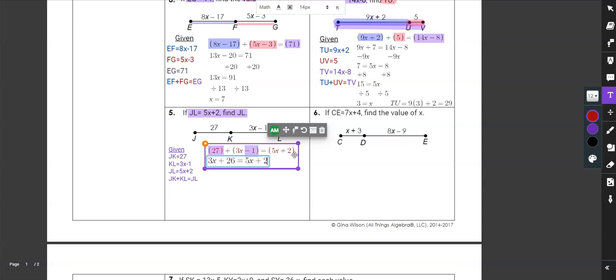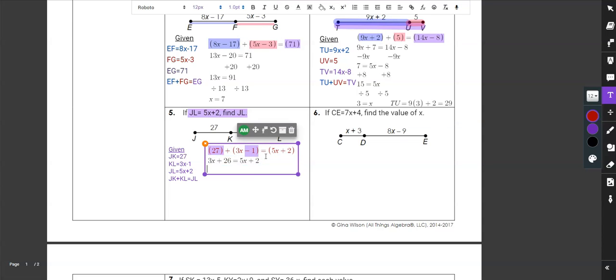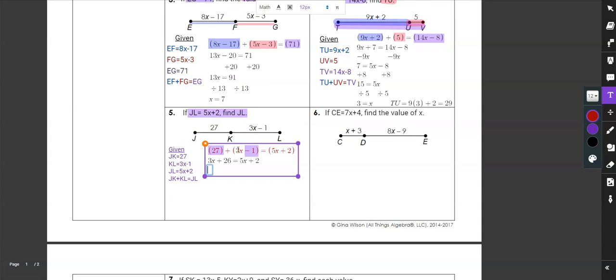And then let's go ahead and continue on. All right, so now I need to choose which of my next steps I'm going to do. I am going to go ahead and subtract 3x from both sides because I prefer to keep the x positive, but if you subtracted 5x from both sides, it would still work.